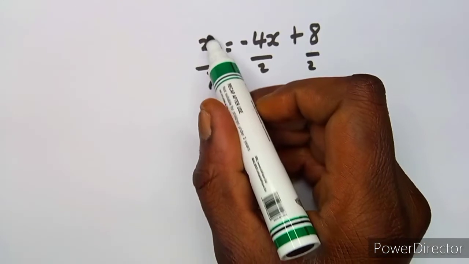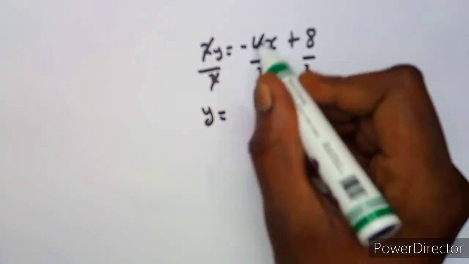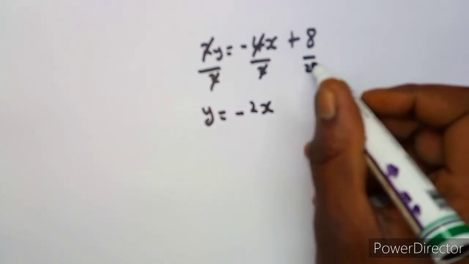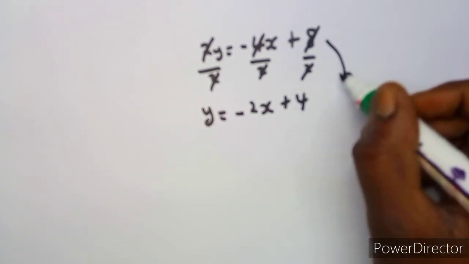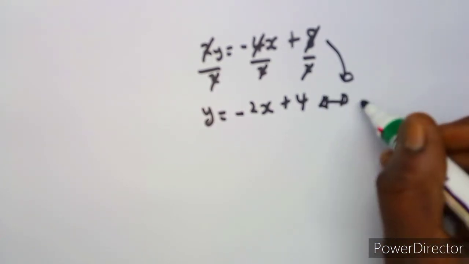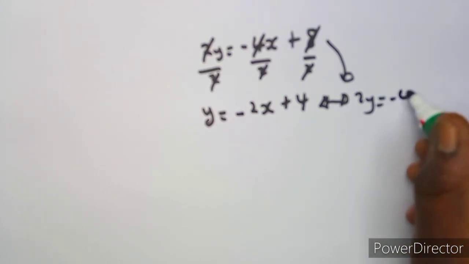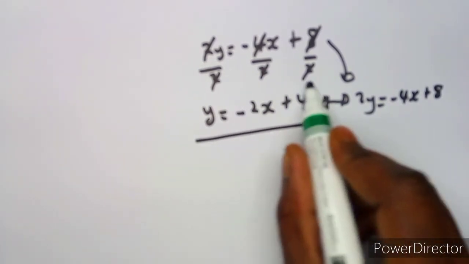So this can cancel. That's y is equal to -2x plus 4. So this one and the other are actually one and the same thing, with the one that we are given of 2y is equal to -4x plus 8.